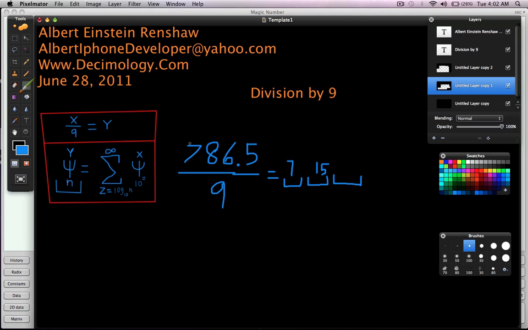Then 6 plus 8 plus 7 is 21. And then 5 plus 6 plus 8 plus 7 is 26. And then 0 plus 5 plus 6 plus 8 plus 7 is also 26. And then the next one's going to be 26. And we get 26's forever.